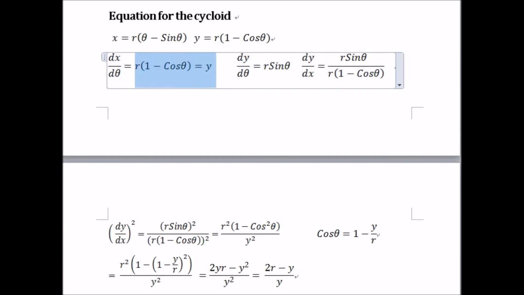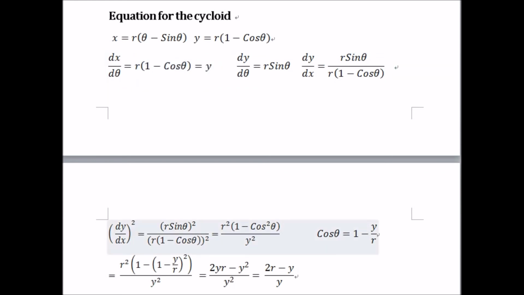It's quite amazing to see, because the y component up top was y equals r times (1 minus cosine theta). However, if we take the derivative of x, we find that r times (1 minus cosine theta) is the same as y, which is quite amazing.